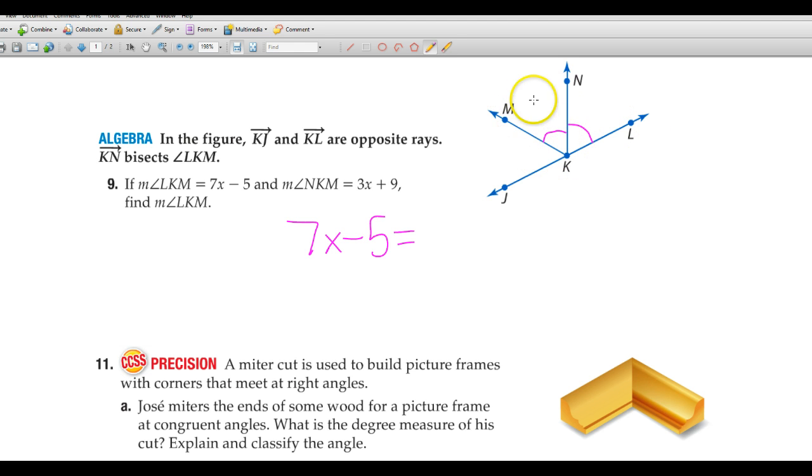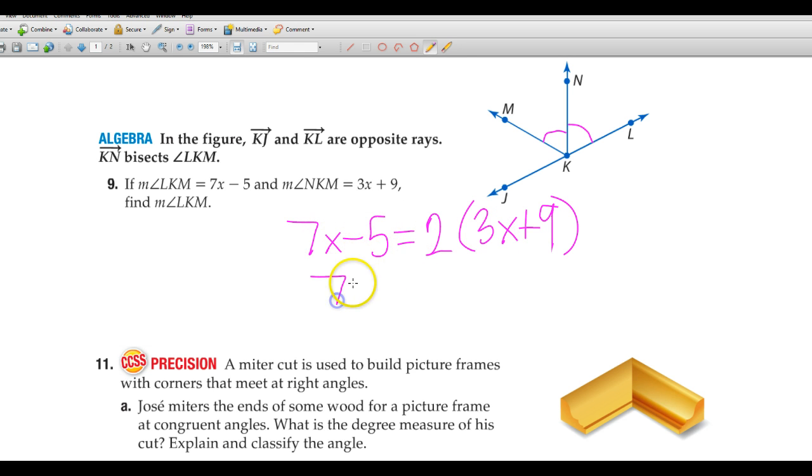Okay, so that's just an example. But anyways, I want to take NKM times 2. So NKM is 3x plus 9. So I'm taking 2 times 3x plus 9, and I'm setting it equal to LKM, 7x minus 5.